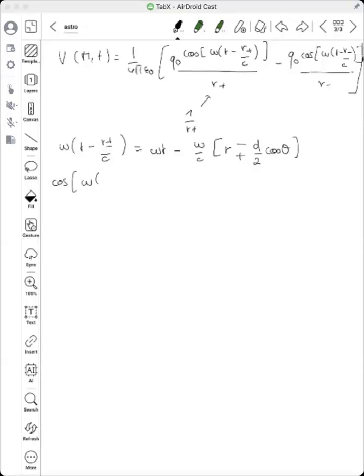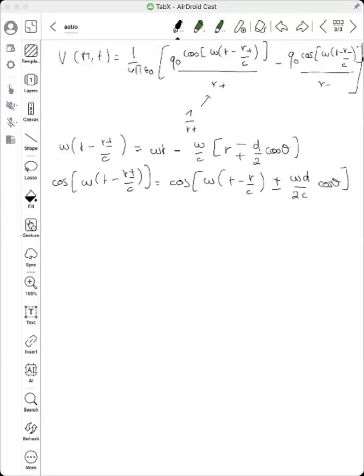Okay, until now I'm just doing the exact same thing as in the static case, but because I have these cosine shapes and this time dependence, I need to work a bit harder in the development. So omega (t minus R divided by c) plus-minus omega d over 2c cosine theta.